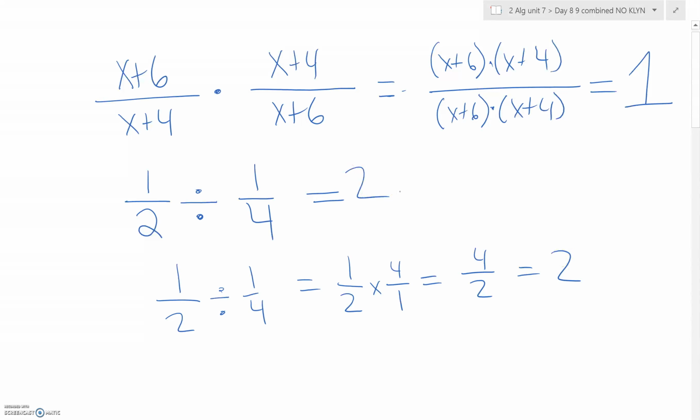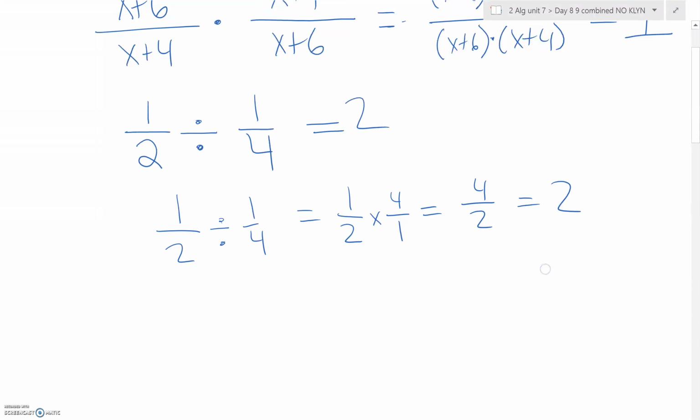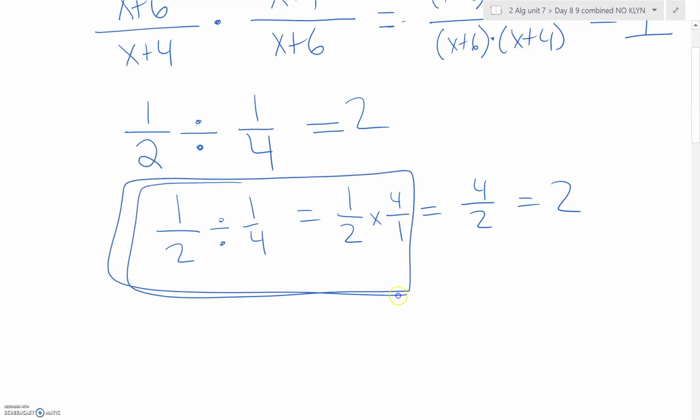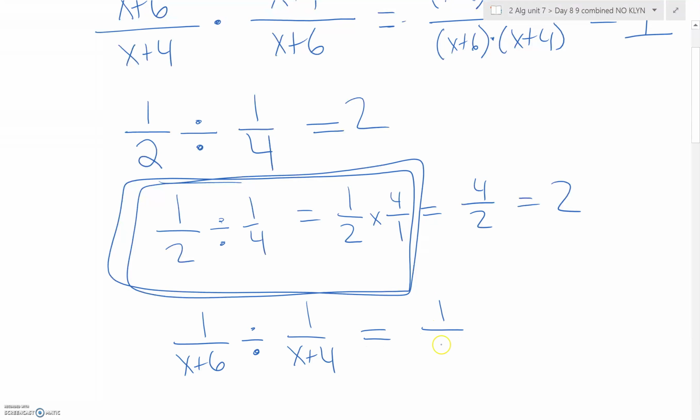So this idea that division of fractions is equivalent to multiplying by the reciprocal is important. And if you've forgotten this from middle school math, it's time to mark that down, flag it, keep it forever. Okay, division is the same as multiplying by the reciprocal. So if I have 1 over x plus 6, and I say divide that by 1 over x plus 4, what I'm really saying is 1 over x plus 6 times x plus 4 over 1.